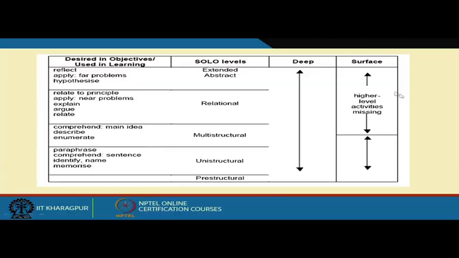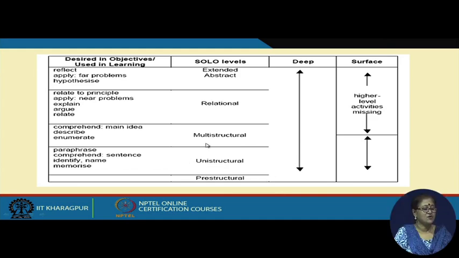It shapes the cognitive demand of the questions we ask and scaffolds students into deeper thinking and metacognition. Here I can see unistructural, multistructural, relational and extended abstract, but in the surface level the relational and extended, this high level of activities, is missing.